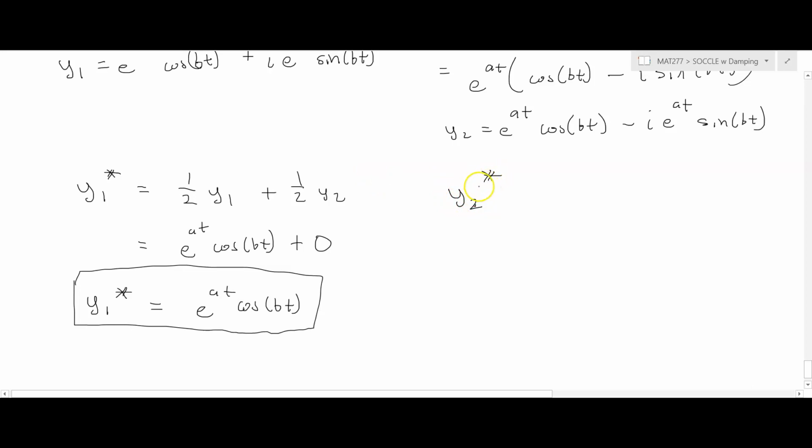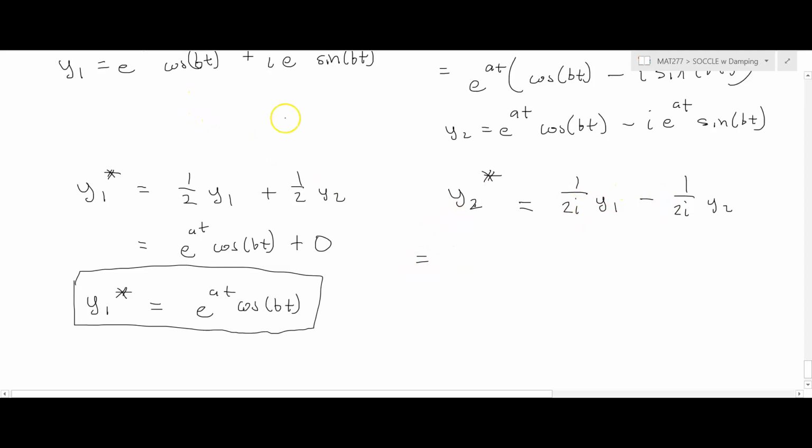Now, y2 star, I'm going to take another combination of these. I can't do the same thing, but if I play this little trick and I take 1 over 2i times y1 minus 1 over 2i times y2. Now, 1 over 2i is a constant. It's perfectly fine to use that. Let me go ahead and actually plug these in.